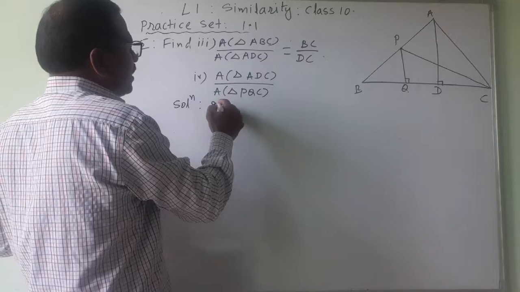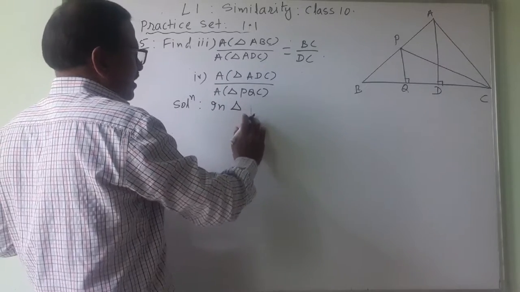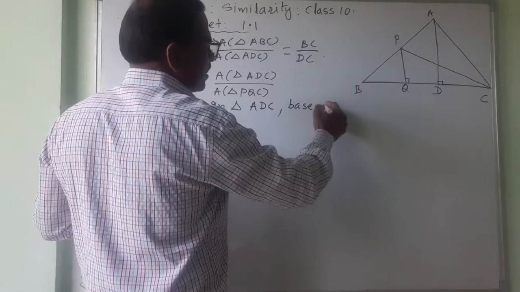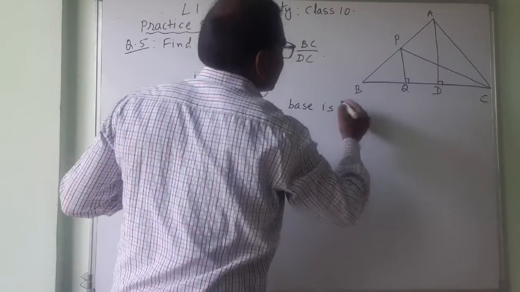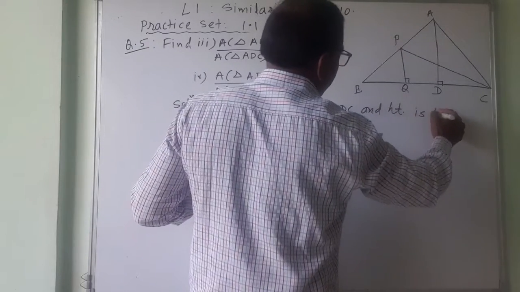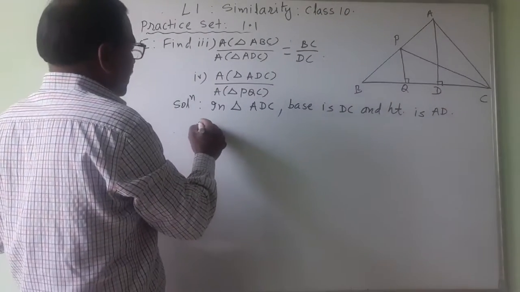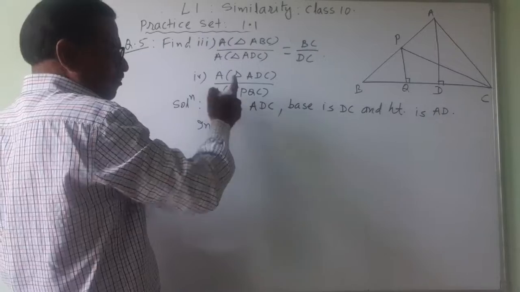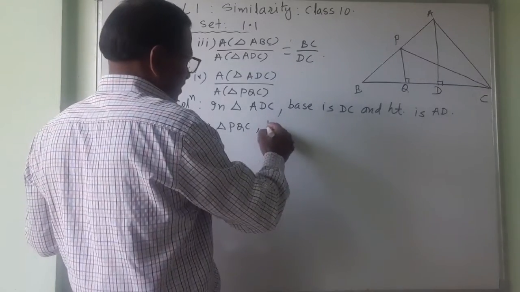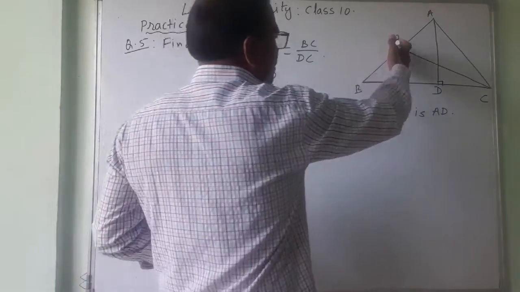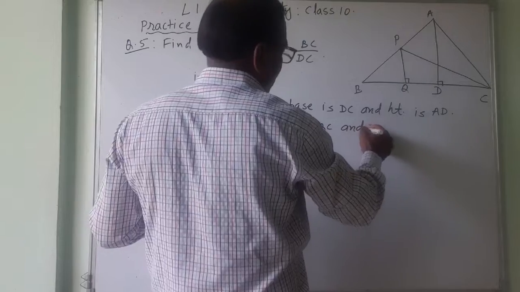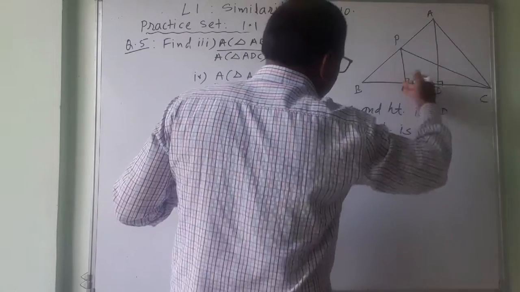Solution. In triangle ADC, the base is DC and the height is AD. In another triangle PQC, the base is QC and the height is PQ.